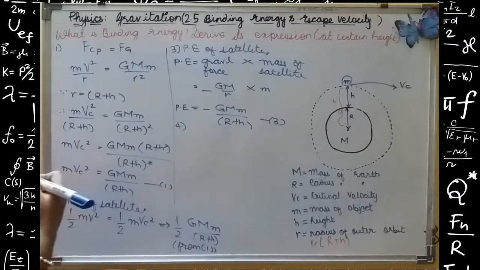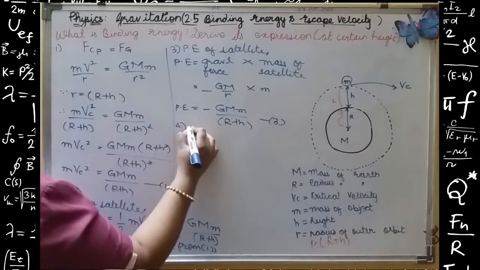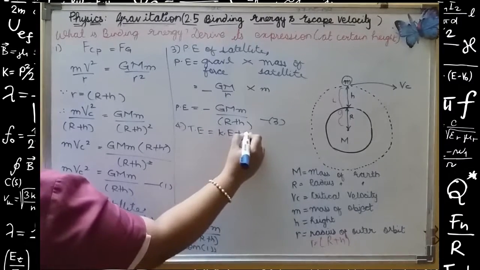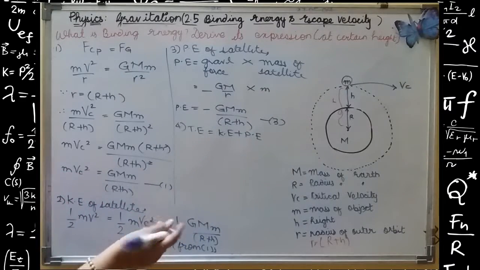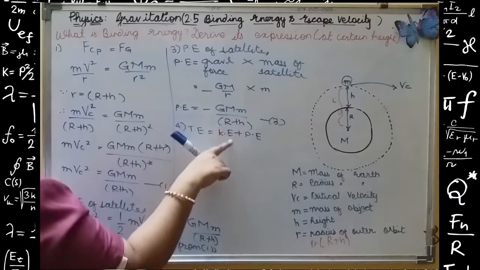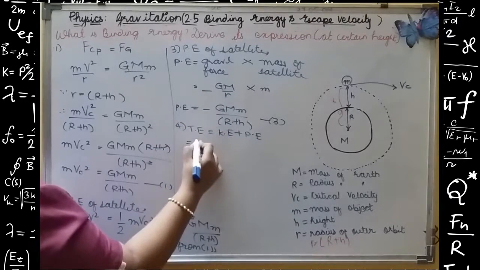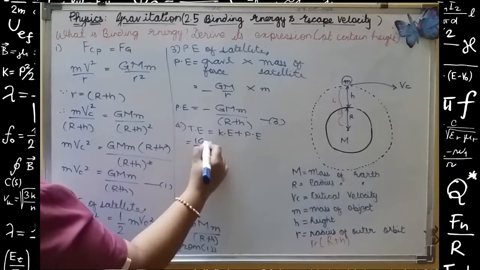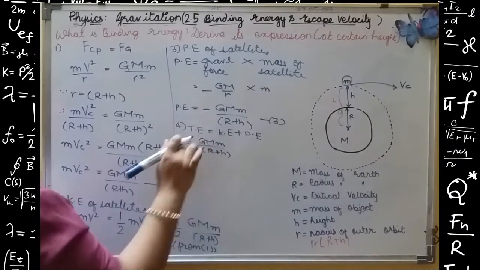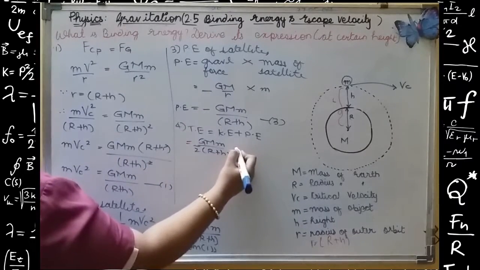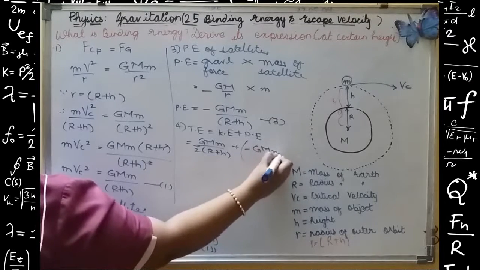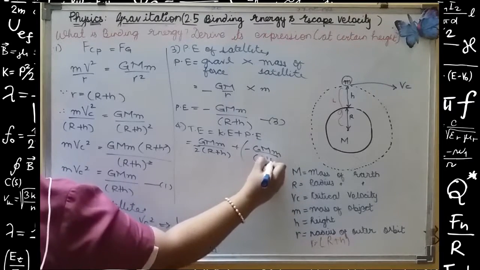We have a formula for total energy, which is nothing but total energy is equal to kinetic energy plus potential energy. We will get there how we can connect it to binding energy, don't worry. So by 2 and 3 we know that kinetic energy is equal to half GMm upon R plus h, plus what is potential energy? Minus GMm upon R plus h.